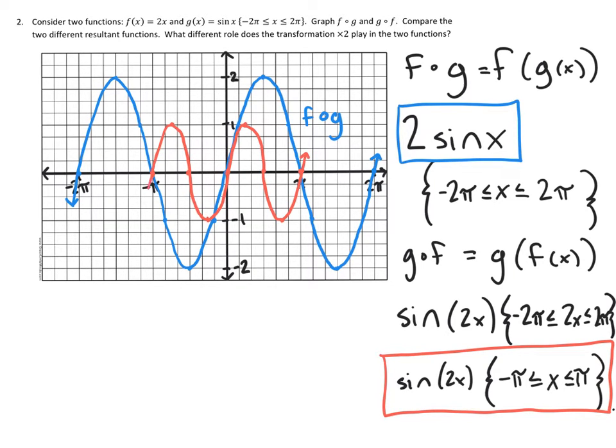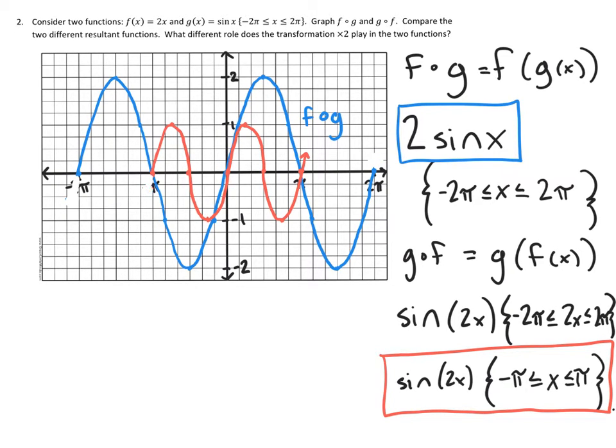Not quite as pretty as my blue one, but that's okay. Oh, I shouldn't have been doing those arrows, huh? That whole way through. Let me white that out. We were not doing the entire 2 pi. That should be a closed circle there and a closed circle there. We were only on that one interval.